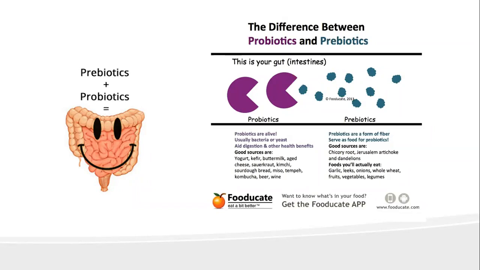So all your food is prebiotic, provided it also has fiber in it, so you can see whole wheat, legumes, vegetables. Eat whole wheat. If you eat maida, it is not a prebiotic for your probiotic. Pro is in your favor. Pre means for pro to be in your favor, you need a prebiotic, which is the food for it.